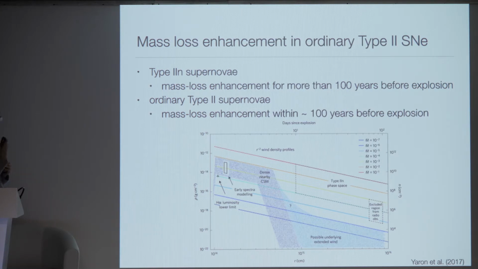It just happens within 100 years or several decades before the explosion. But in some cases, for the progenitors we observe as type 2n supernovae, this mass loss rate enhancement is somehow lasting for a much longer time, and that's why we observe them as type 2n supernovae instead of ordinary type 2 supernovae.